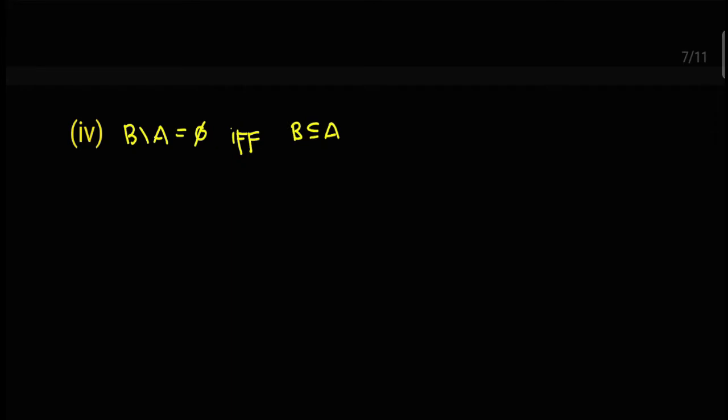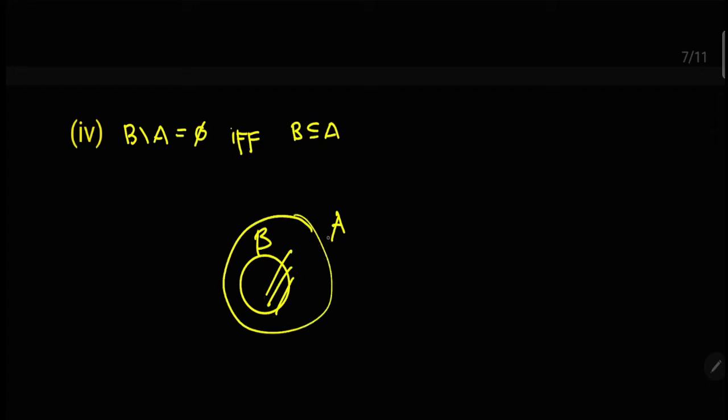Meron ka daw B, tapos kinomplement mo siya with A. So inalis mo lahat ng laman ni A. Then ang natira daw empty. So that means it cannot leave anything from B. Kasi empty daw eh. So for it to be empty, dapat lahat ng B maaalis. So dapat pala yung buong B nasa loob ni A.